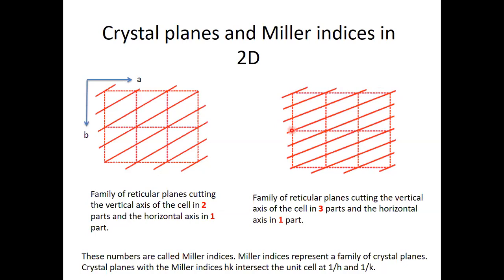So our lattice parameter b is cut into 3 parts. What would be our Miller indices here that characterize that family of crystal planes? Now K would be equal to 3, and H would be equal to 1.